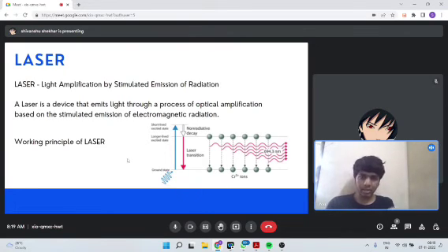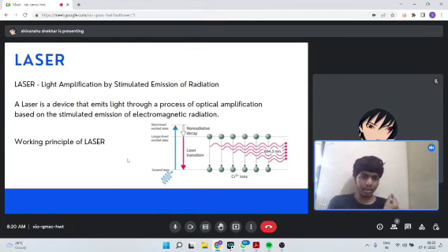As you can see in this diagram, when we are incident with only one light, through continuous stimulated emission, we are increasing the number of photons while having the same energy input. The things which are required here are two: excited electrons in the top state, as well as a very small amount of photons, because most of the energy is just going to be passed forward, and the energy is going to come out of the settling of electrons, along with one initial energy which has stimulated all these emissions.